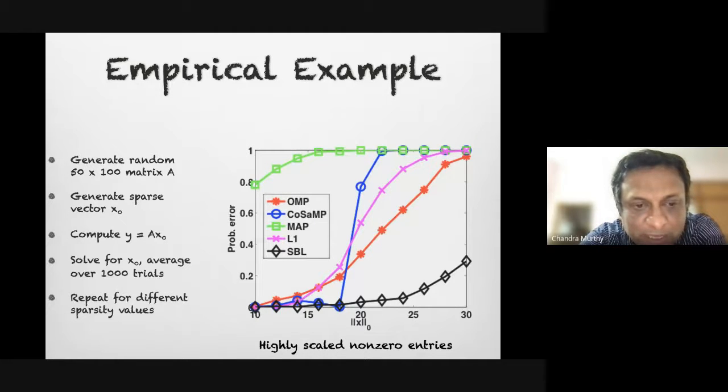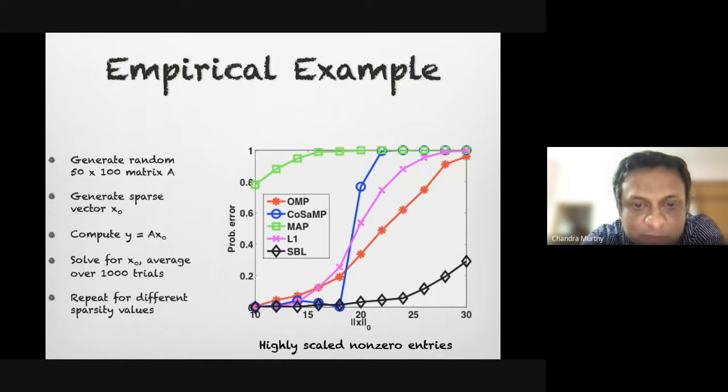Then I compute y equal to A times x0. Then I give y and A to a recovery algorithm and ask it to solve for x0, or recover x0 for me. And I average over, say, 1,000 trials. I say that the algorithm makes an error if the error between the x0 output by the algorithm and the true x0 is more than some threshold, say 10 to the minus 6. And I repeat this for different sparsity values.